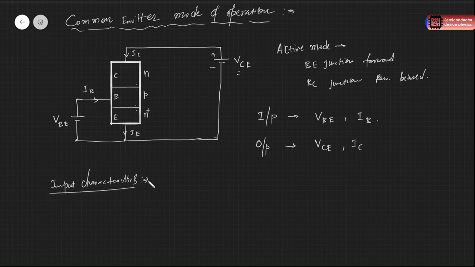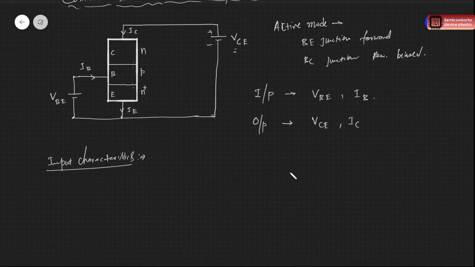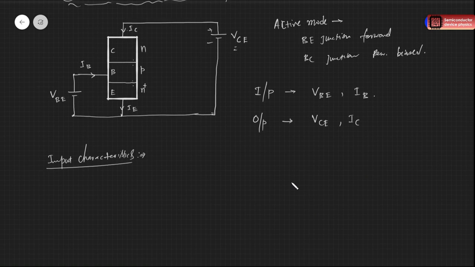For the input characteristics, we vary the input voltage and see the input current variation by fixing the output parameter, here VC, and then we see the variation between VBE and IB. So let's draw and see.